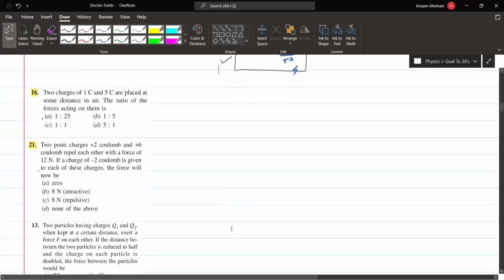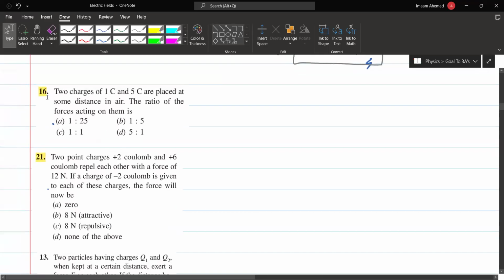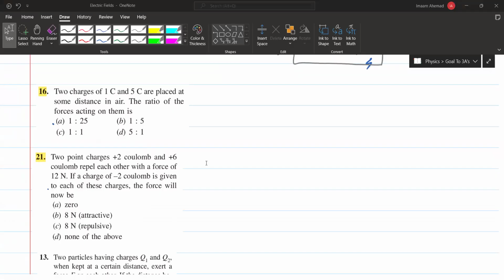Let's try a few questions related to this idea. Shall we try question number 16? Can you just check the question and let me know the answer in the chat? Yes, we have got one answer and it's correct.